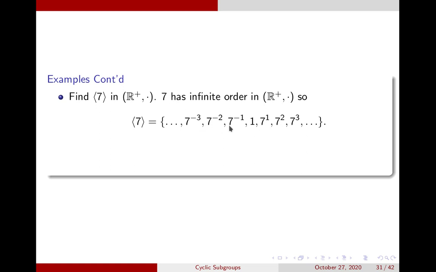It's simply the integer powers of 7. You can't do much to simplify this. I mean, you could possibly calculate the negative exponents, but not much simplification is possible in an example like this.